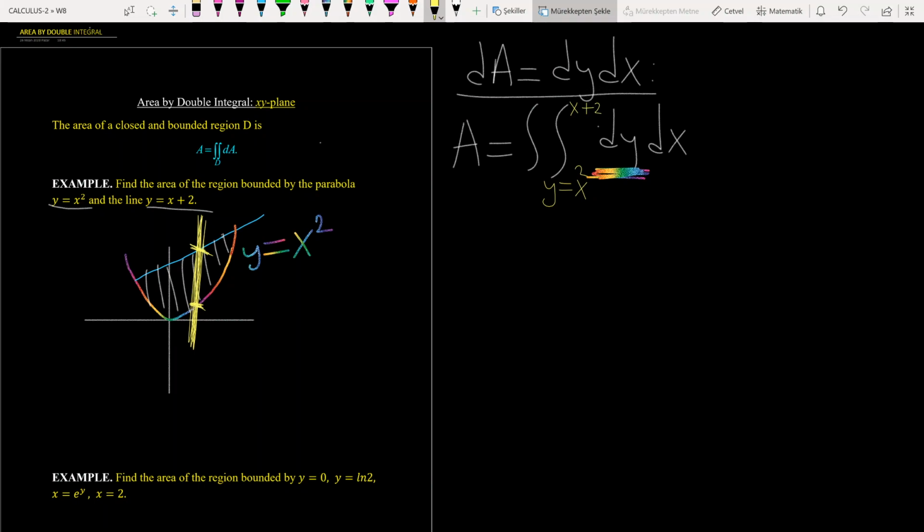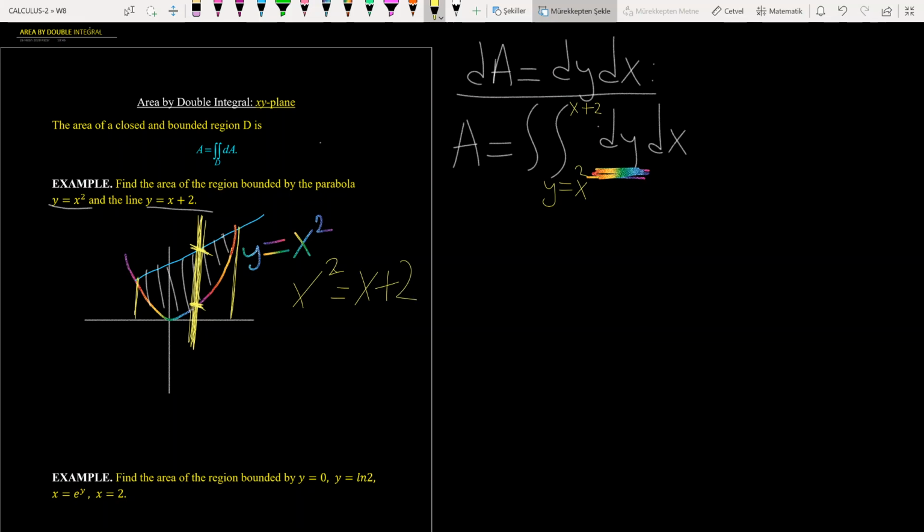And x is from this point to this point, which we will find. If you make them equal to each other, since y equals x squared and y equals x plus 2, then you have this equality.